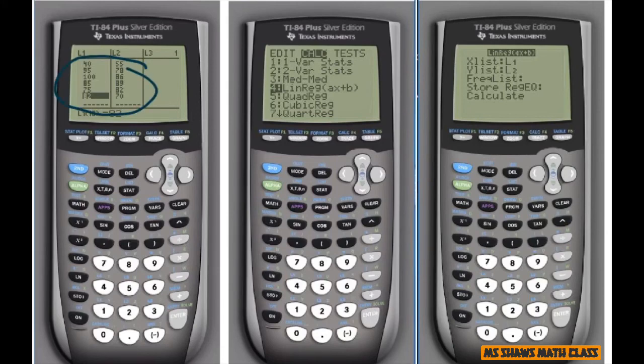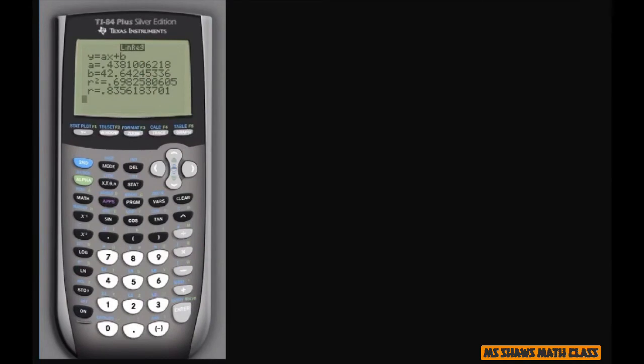Then you go back to stat, go to calculate, and then you go to number 4. Click enter, and you'll see this window. Then go to calculate, hit enter, and then you will get your linear regression line.